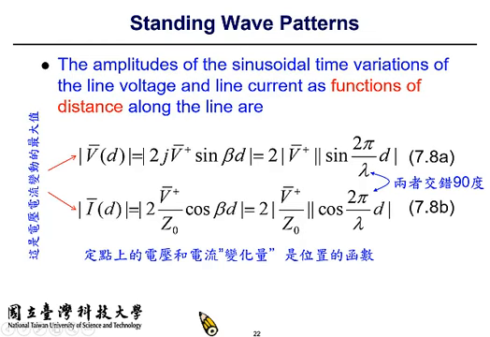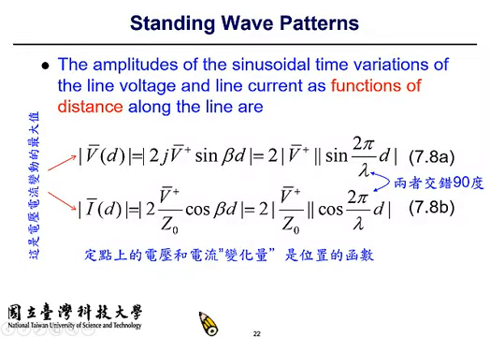All right, so here we will take a further look at the total voltage and total current on the transmission line. As we already know, they are functions of e to the 2j beta d in this expression.